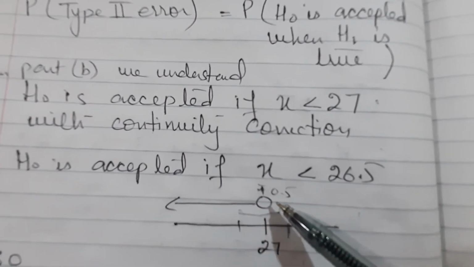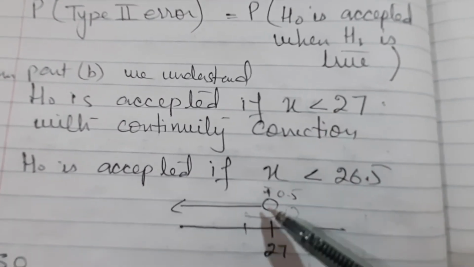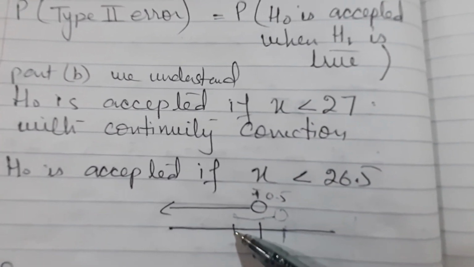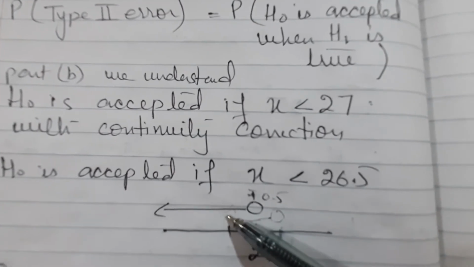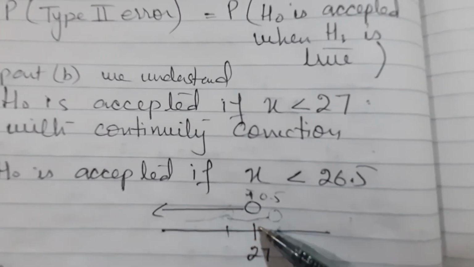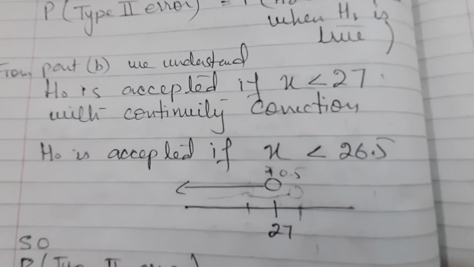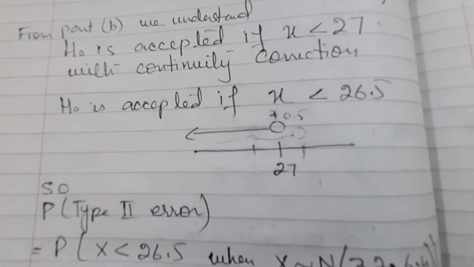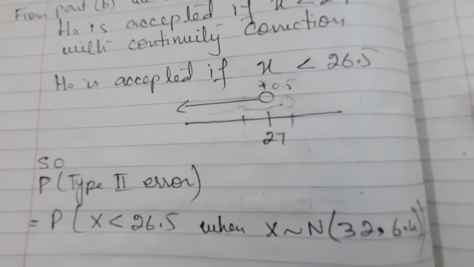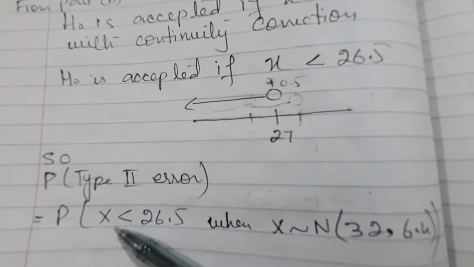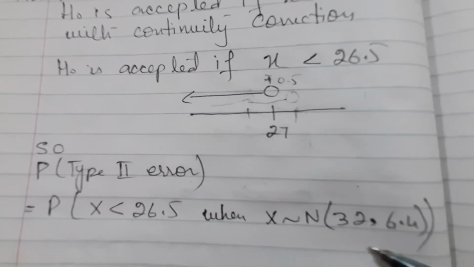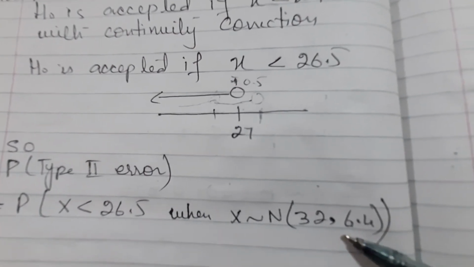I don't want to include it because there is no equals to. So I will subtract 0.5 from it so that the value goes left and 27 will not be included. So that's why we are taking 26.5, right? And now I'm just showing you the step: we write the probability of x less than 26.5 when the distribution of normal approximation is this.